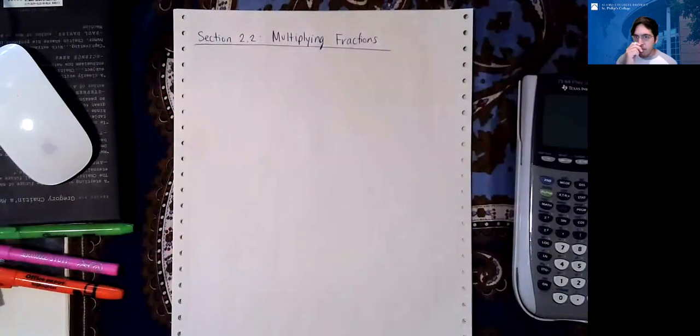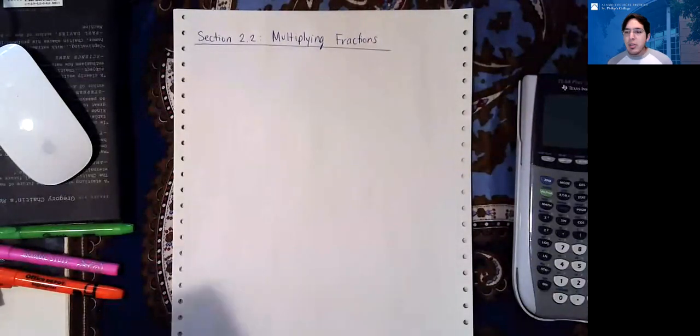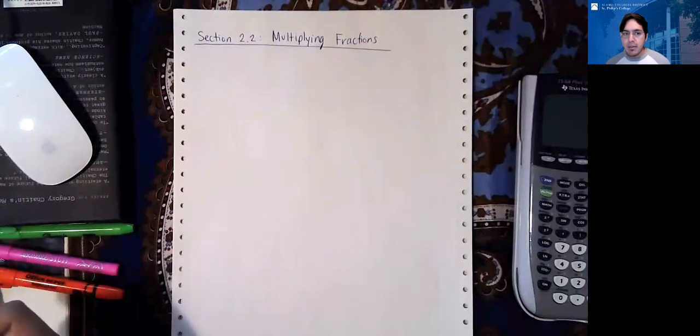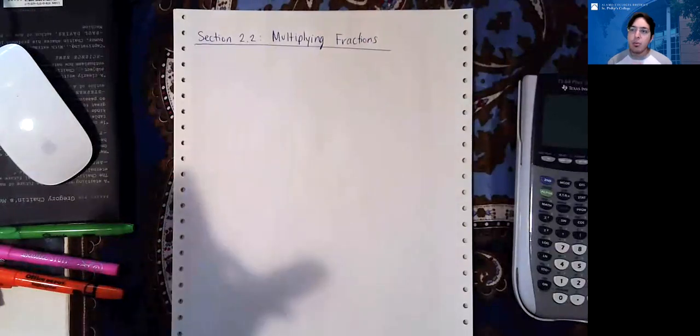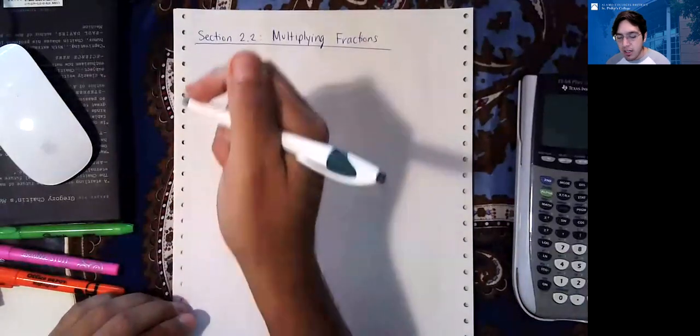Like I said, when we're dealing with whole numbers, we tend to think of multiplication and division as more complicated procedures compared to addition and subtraction. Well, it's sort of the reverse case when we're talking about fractions. Multiplying and dividing fractions is actually easier than adding and subtracting.